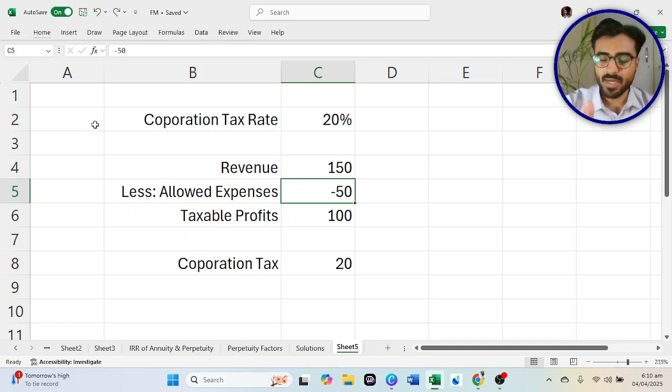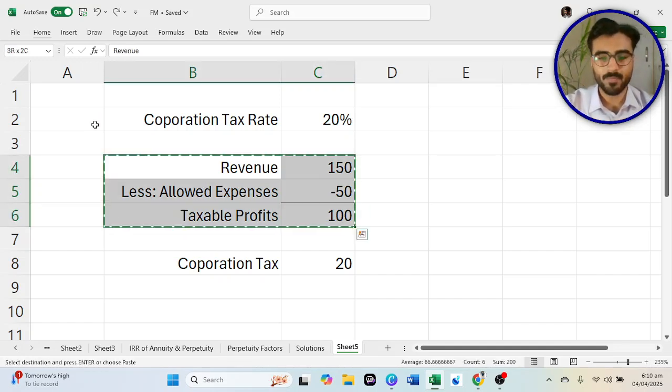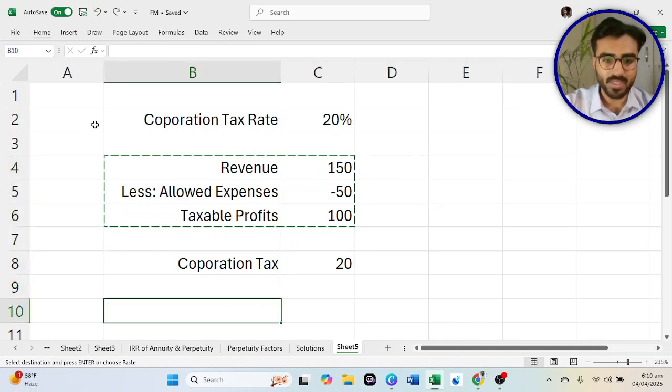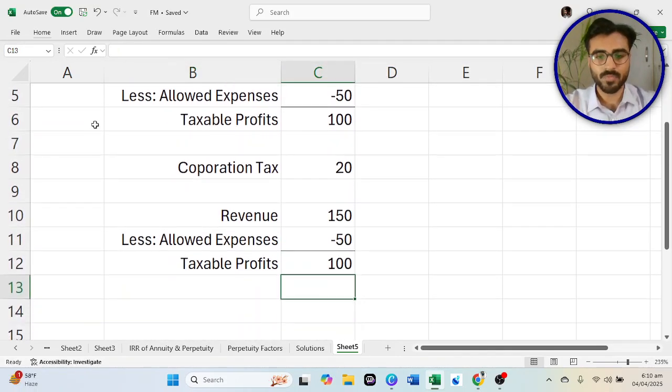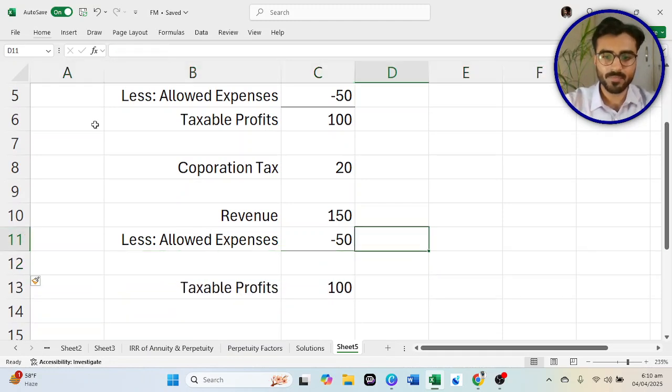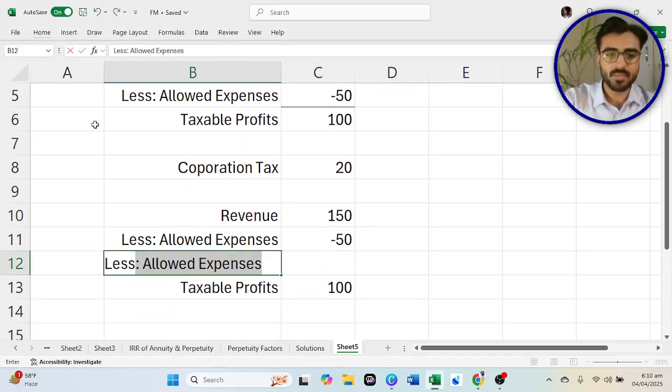So what is that allowed expense that the taxation authority is now granting us to be treated as an allowed expense? That expense is known as TAD. So now let me write it here. There is another expense that the government will allow me to deduct from my revenue figure, and that is known as another allowed expense.